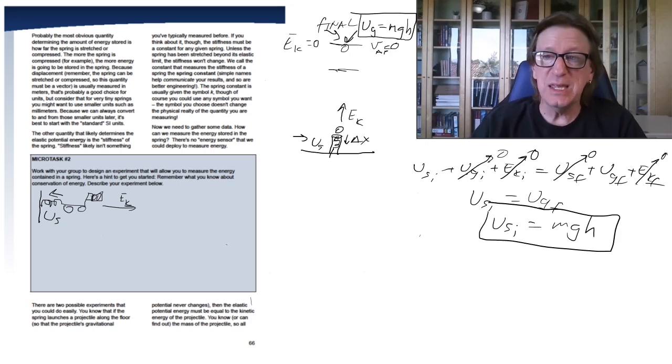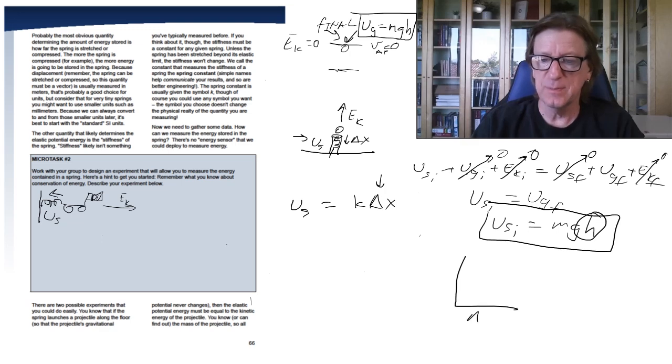So we can use either one of these experiments, but remember, in both cases, I'm still trying to figure out how my spring energy is related to this K and this delta X. So I'm going to have to do 2 separate experiments, but I'm still going to measure h in both cases. In one experiment, I'm going to use a whole bunch of delta X's, just like we showed before.